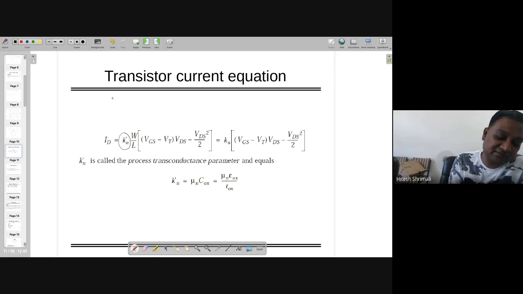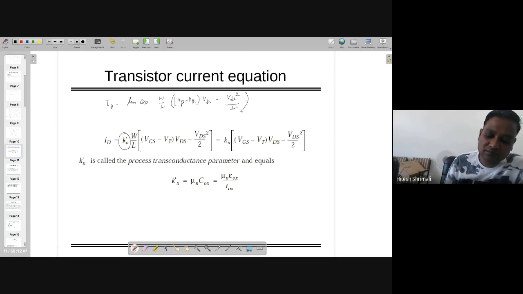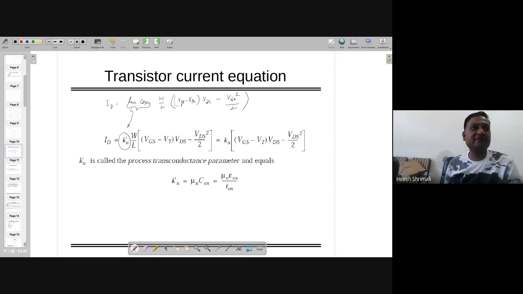So same equation, if you have seen my previous equation, which looks like this one. I'm just replacing the whole quantity with K.